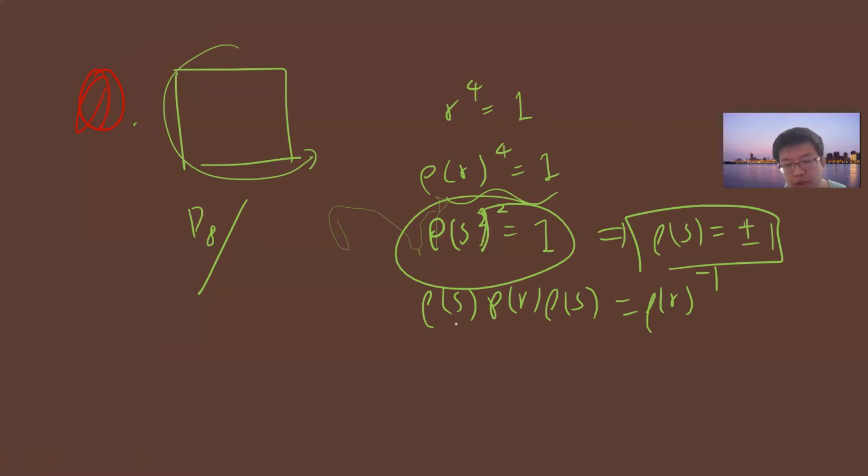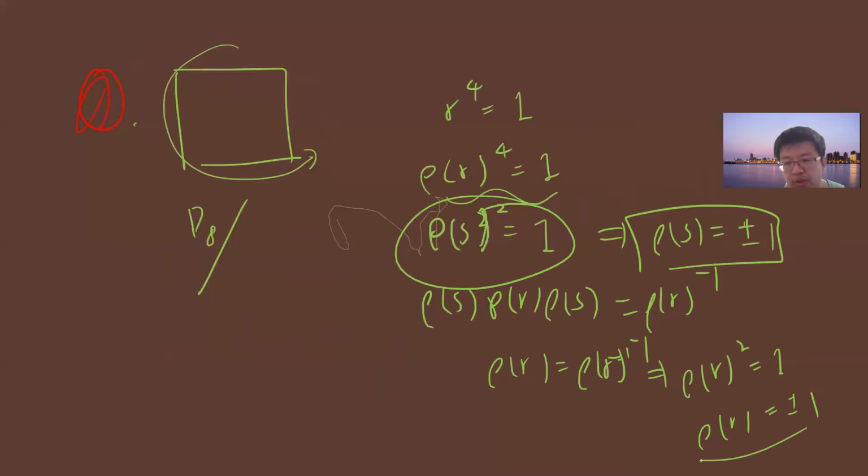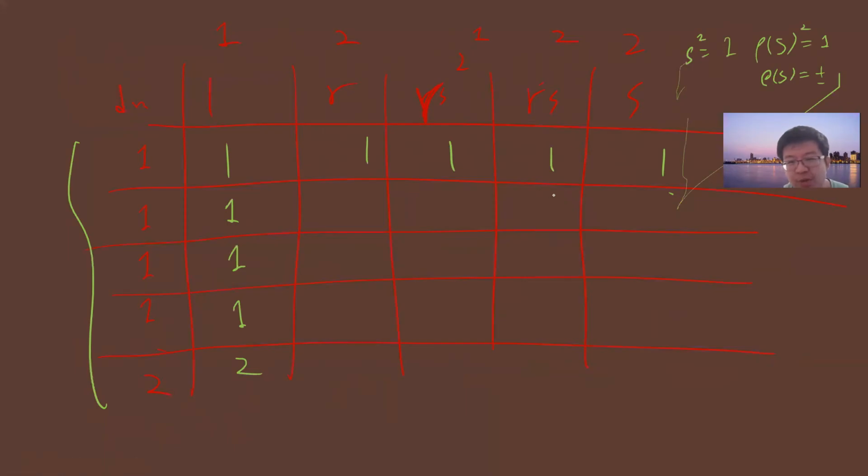So you get rho R equals rho R inverse, so you get rho R squared equals 1. So rho R actually is plus or minus 1, right? So you see there are a total of 4 of them, right? Because I already know there are 4 irreducible representations, once I fix R and S, then R squared and RS are already fixed.